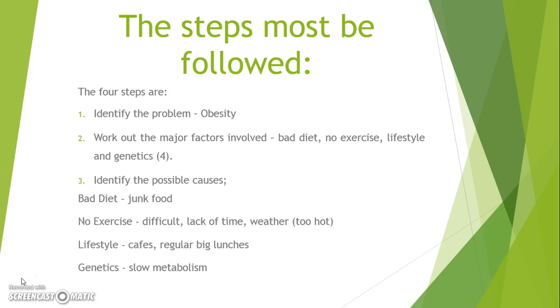What causes bad diet? Junk food. What causes no exercise? The exercise may just be difficult, or you just don't have time, or maybe the weather. What causes lifestyle? Cafes or regular big lunches. And last but not least, what may cause genetic problems? Maybe a slow metabolism.